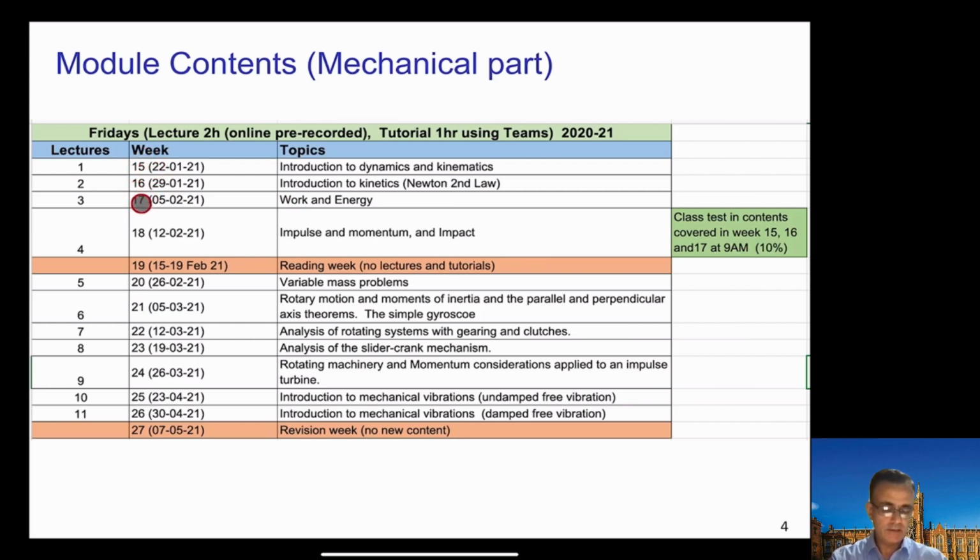So the class test will be on the content which we will cover in these 3 weeks, which is introduction to dynamics, and then kinematics, kinetics, and then work and energy. So the class test will be on these 3 topics, and the class test will contribute 10% to your module marks.